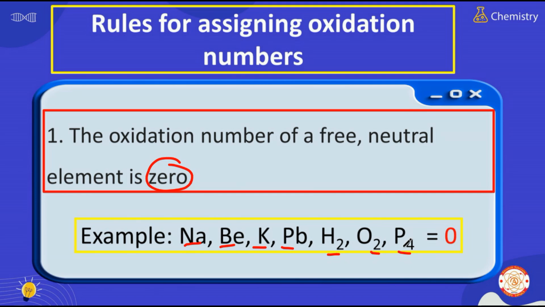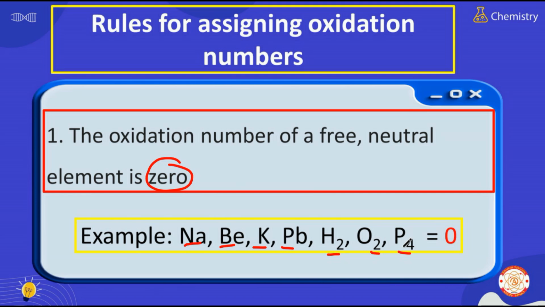In the case of hydrogen, oxygen, or phosphorus, the reason why the oxidation number is 0 is because, remember, these atoms have a covalent bond. Actually, it's called a nonpolar covalent bond, right?